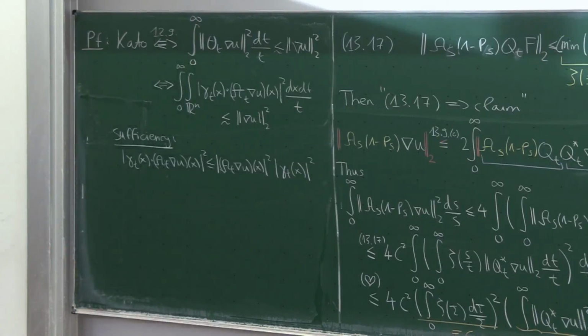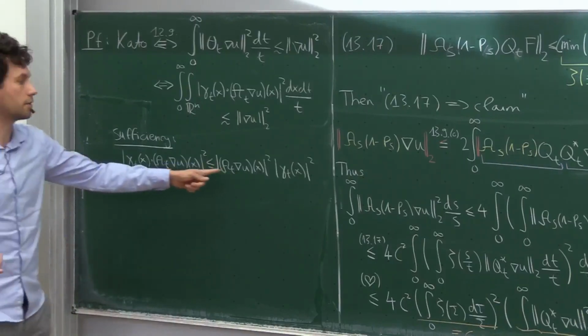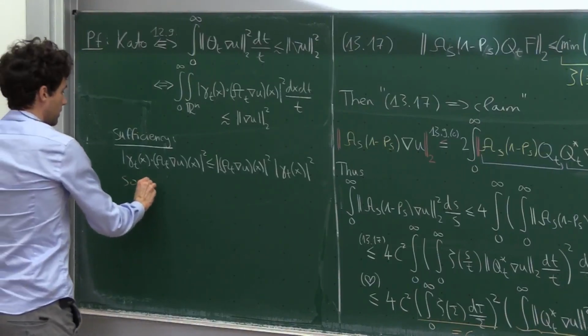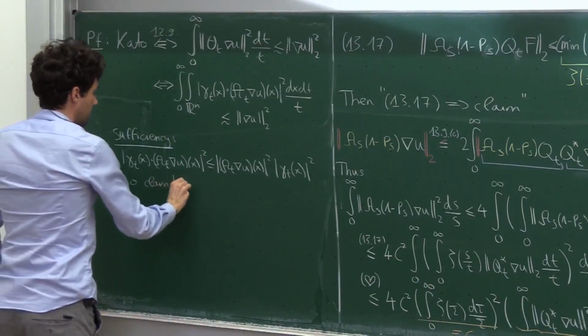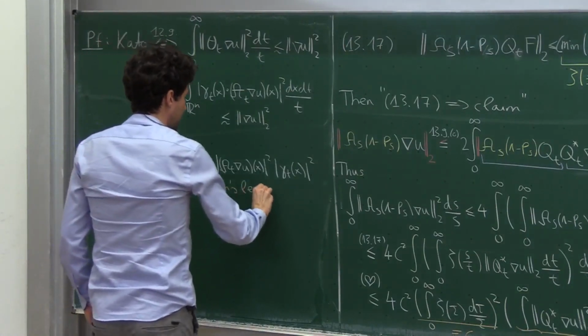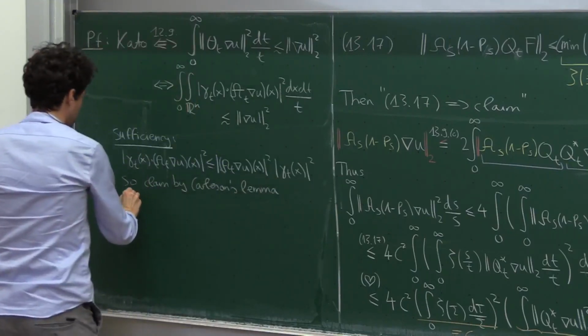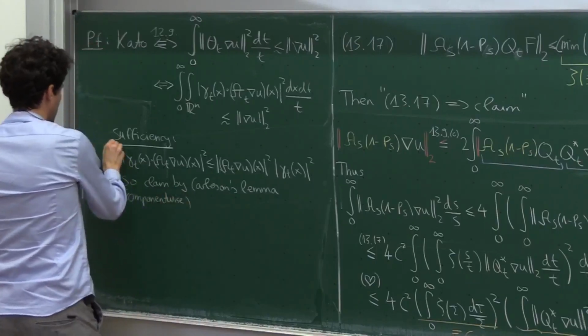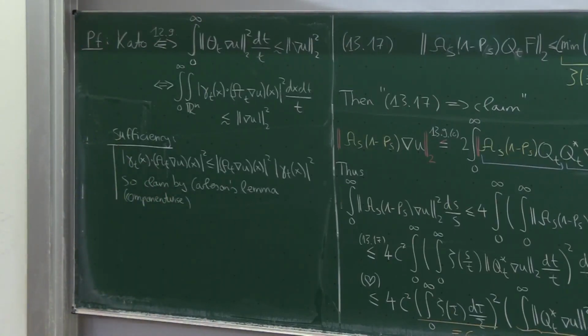If this becomes a Carlson measure, then I can use Carlson's lemma component-wise, and I can bound the integration of the dyadic averaging operator on this vector field with respect to the Carlson measure by the L2 norm of the vector field, and then I'm done. Okay, so claim, by Carlson's lemma component-wise. Okay, that's the interesting thing for us. So it means next week Carlson measure estimate, and then we have it.